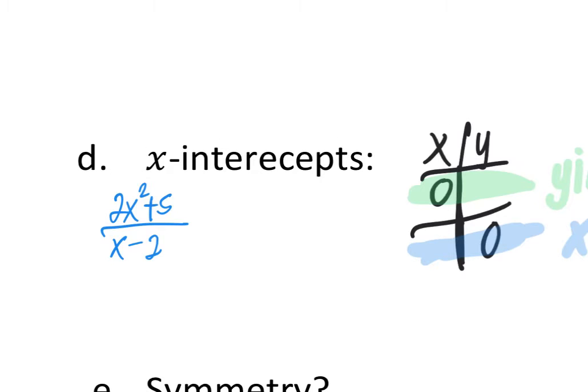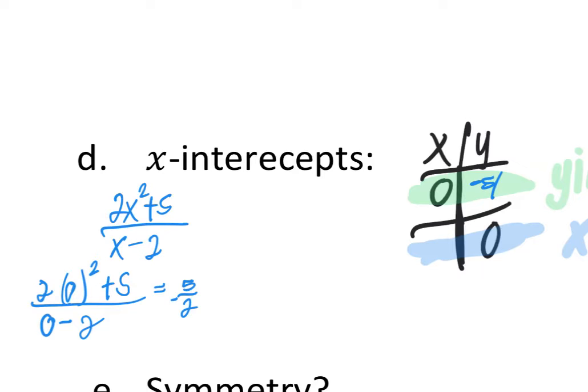If you plug 0 in for x, you come up with negative 5 halves. And so that's when you plug 0 in for x.